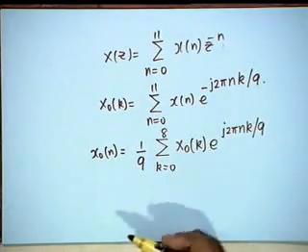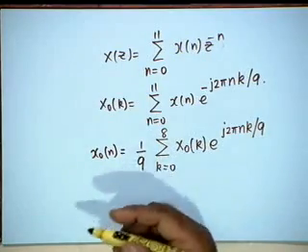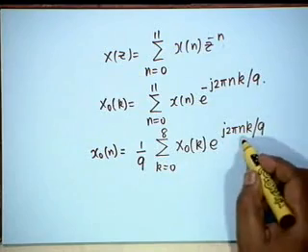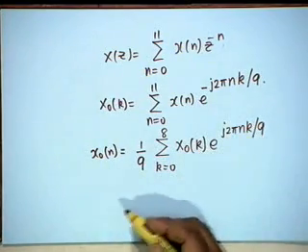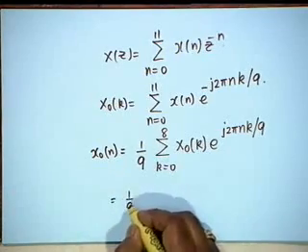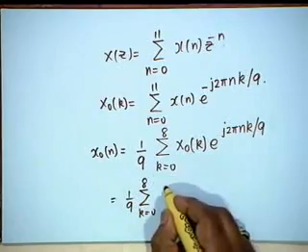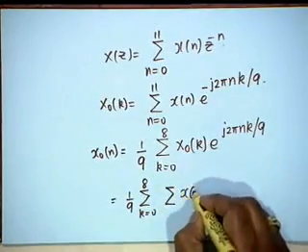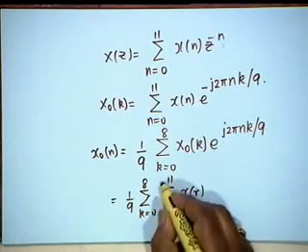So I substitute. But then in substitution you must change the dummy variable, otherwise you run into problems. You must not have j 2 pi n k, you must change the variable here. So I write this as 1 by 9 summation k equal to 0 to 8, summation for X0(k), let us write it as r, x(r), r equal to 0 to 11.